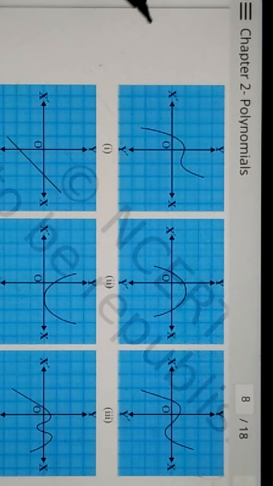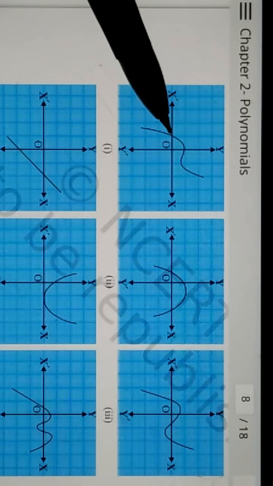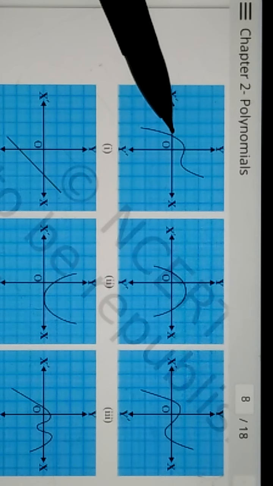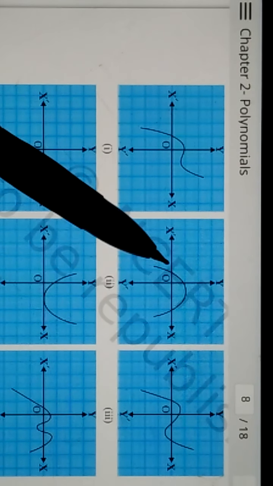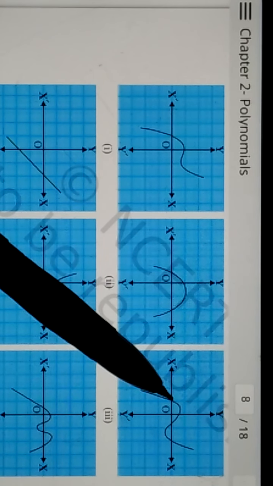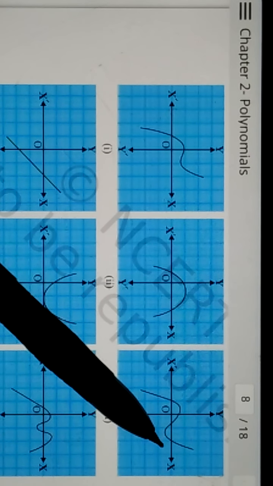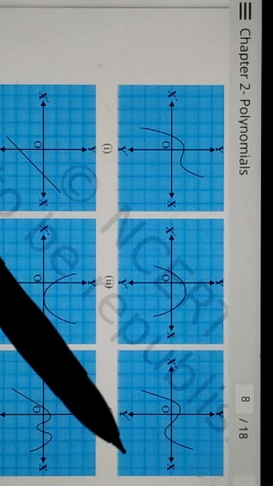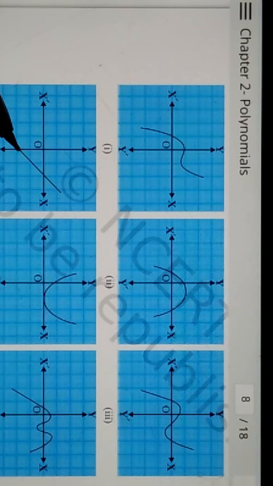So now as you can see in this graph, see this first graph, it is only passing through one point on x-axis. So it will have a single zero. This one is cutting x-axis at 2 points, so it will have 2 zeros. This passes through at 1, 2 and 3 points. So degree of this polynomial is 3, or it has 3 zeros. Either way you can say it.